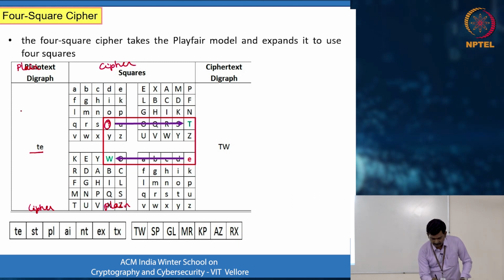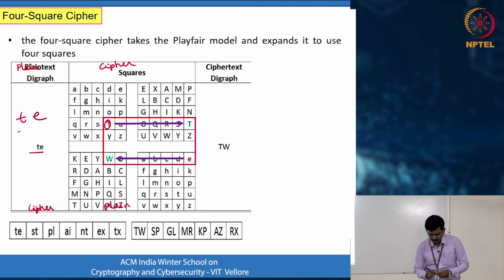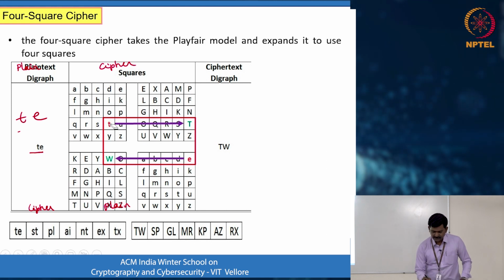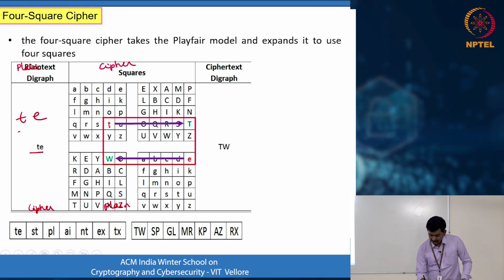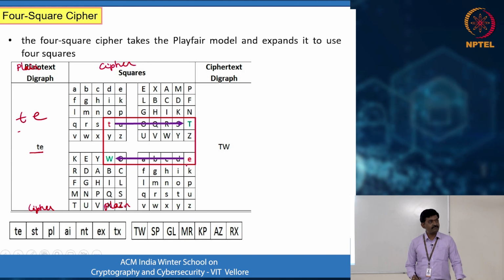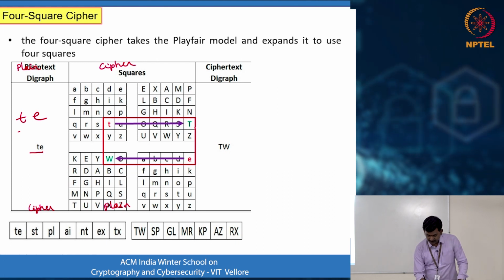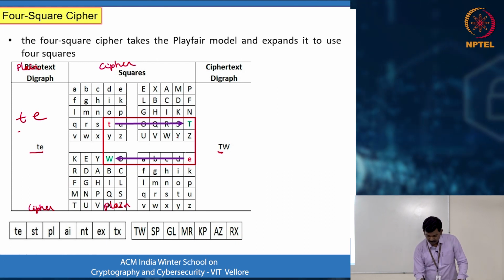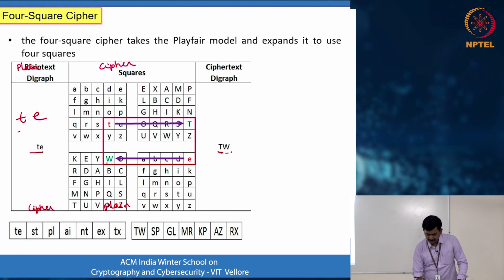E. So I have TE. T is here, and E is here. So what are the cipher alphabets? For T, it is capital T. For E, that is W. TW.